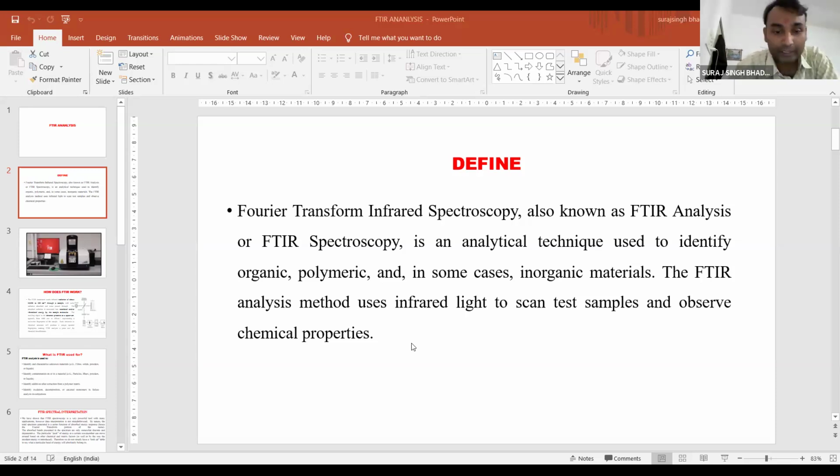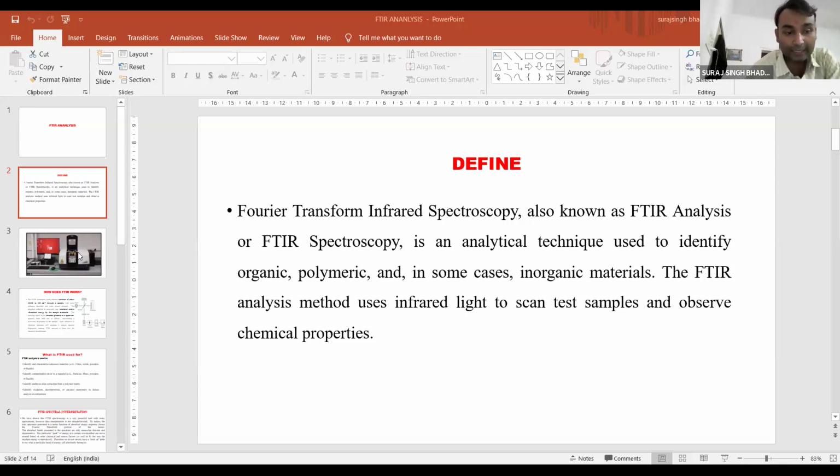This type of FTIR analysis uses infrared light to scan the test sample, and also observe, determine and analyze the chemical property of each and every solvent system. So this is the FTIR analysis.